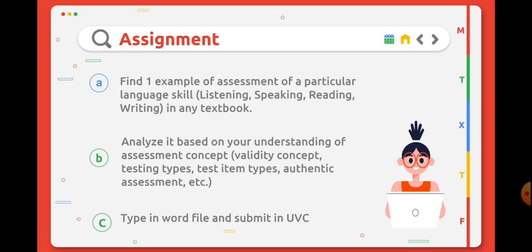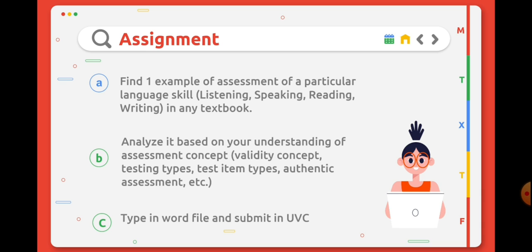To check your understanding, please take a look at the assignment. Find one example of assessment of a particular language skill. You may choose listening, speaking, reading, or writing in any textbook.